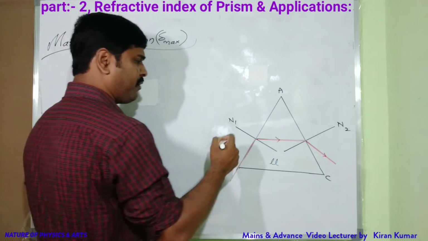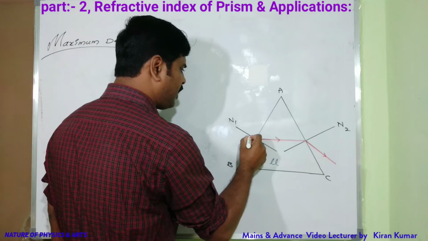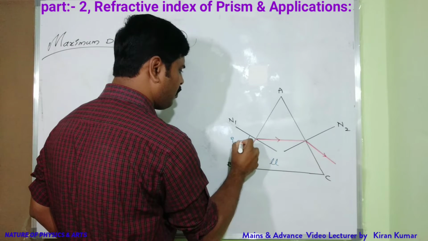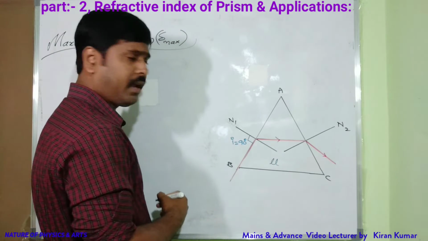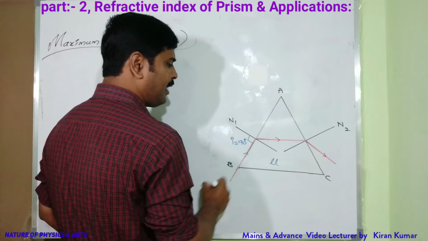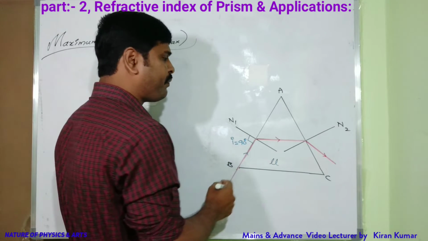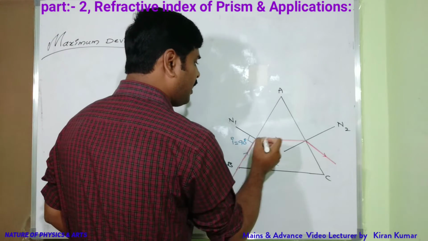Now the maximum deviation angle of the prism we are going to discuss. For this, the light is traveling from the rarer medium to the denser medium, but the angle of incidence must be 90 degrees. So here i is taken as 90 degrees. Okay, so this is the path of the light exactly grazing the surface of separation of the medium, according to the law of refraction, which obeys the critical angle.